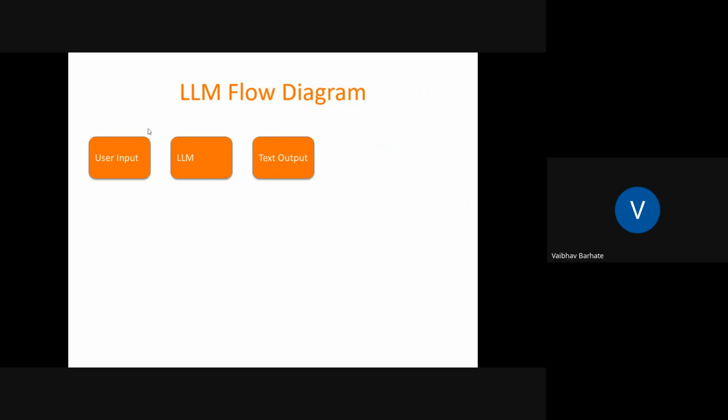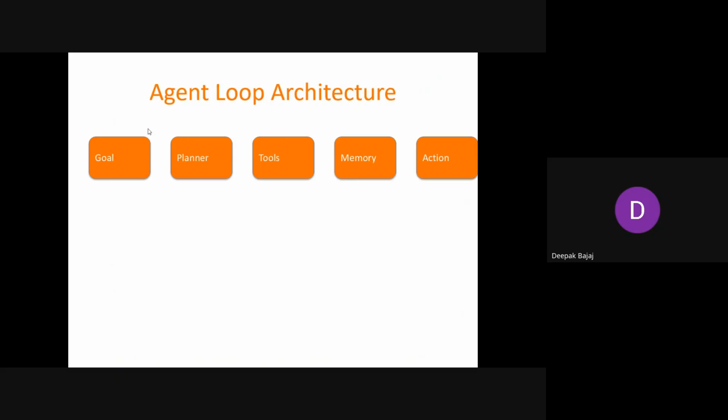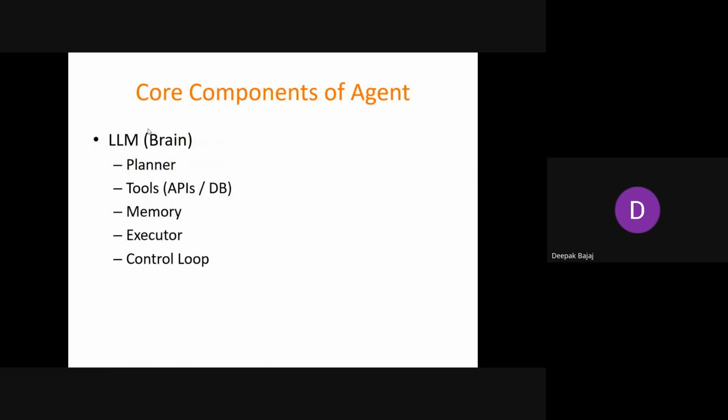This is a flow diagram: user input, LLM, text output. And then agent: goal, planner, tools, memory, action. We see all these. The core component of an agent is the LLM, which is the brain, because based on an input it will respond.